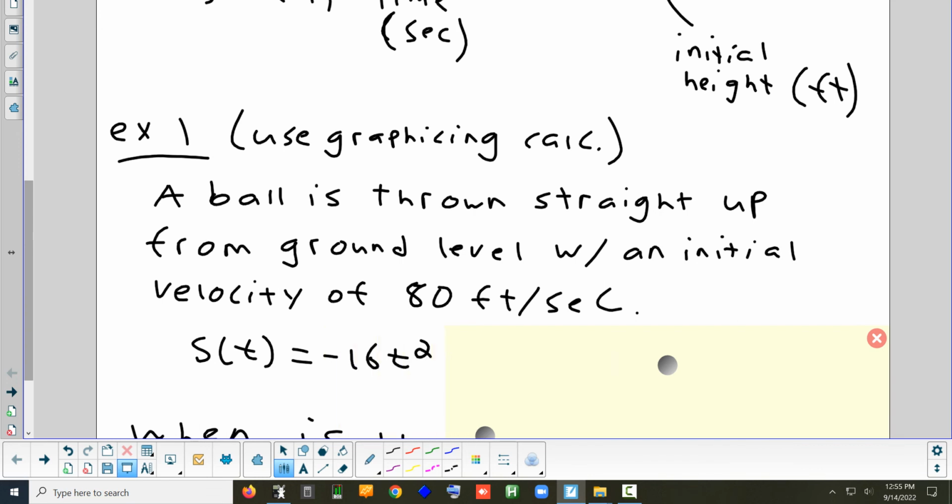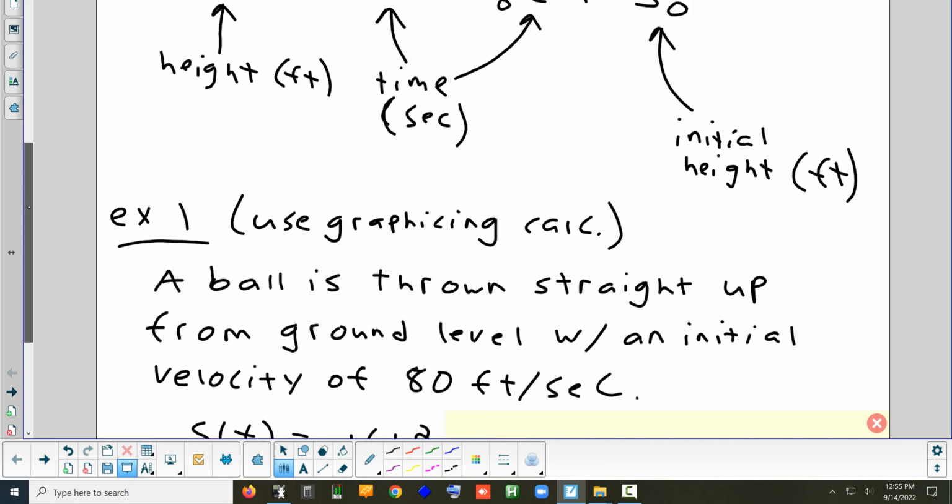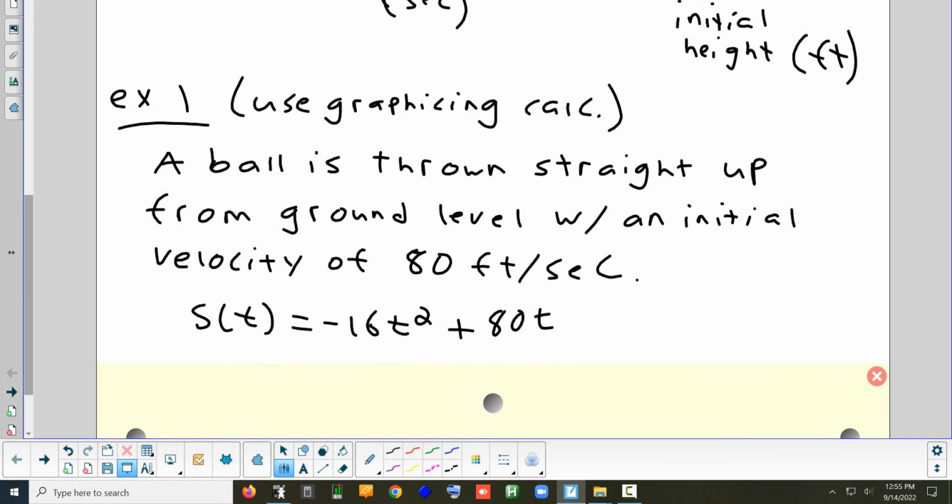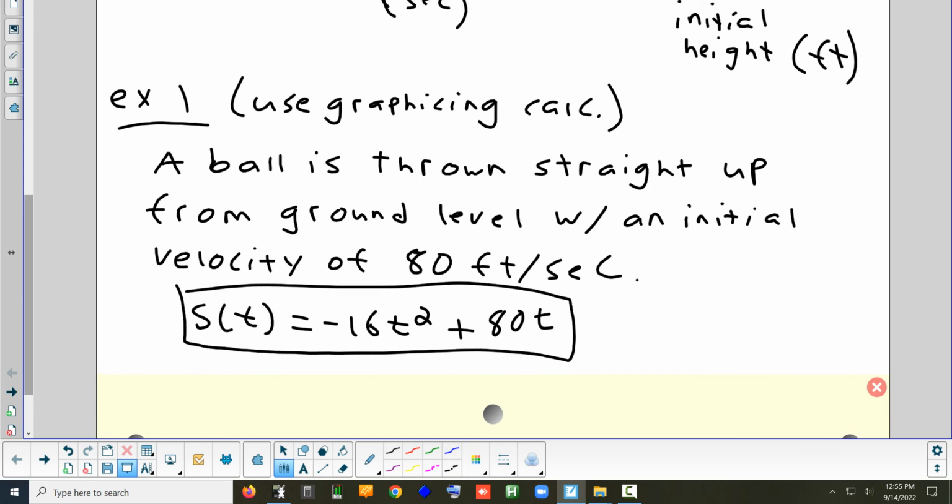So negative 16t squared plus, and what would come right after the negative 16t squared? And our velocity sub 0 is 80. There you go. So plus 80t. So there's an equation that represents the height of this object based on the information they gave us.